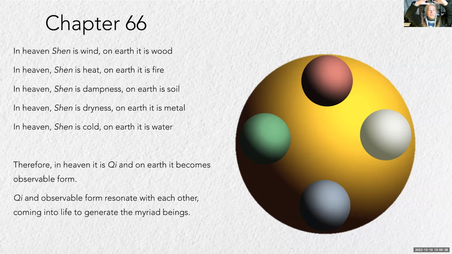So you have this sense of these chi being out in heaven and coming in, condensing into form from heaven. And the first aspect of this form is wood, fire, earth, metal, water. Therefore, in heaven, it's a chi, and on earth, it becomes observable form.